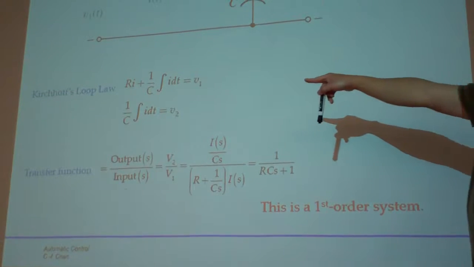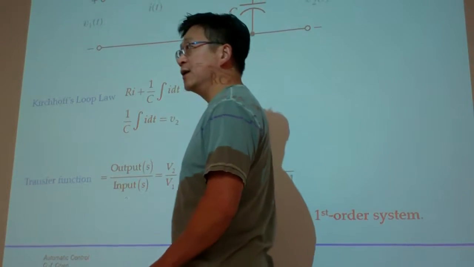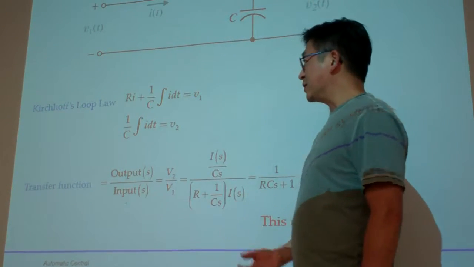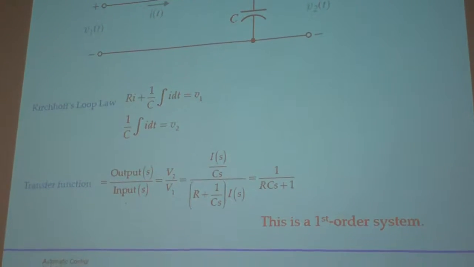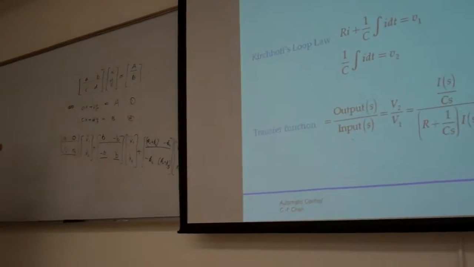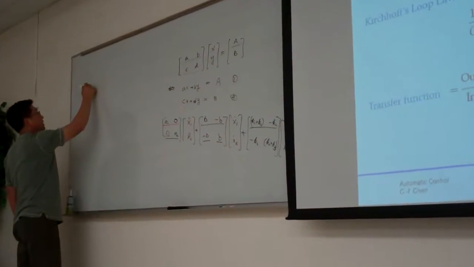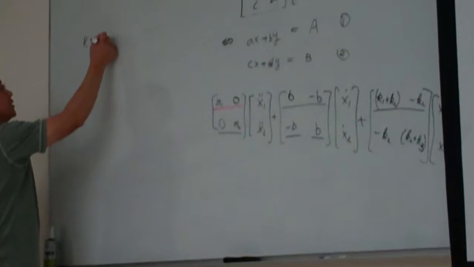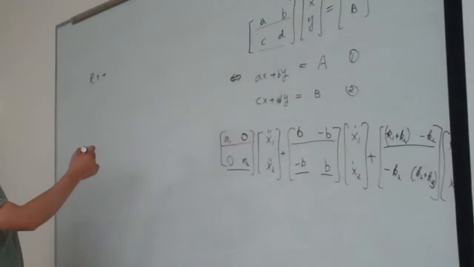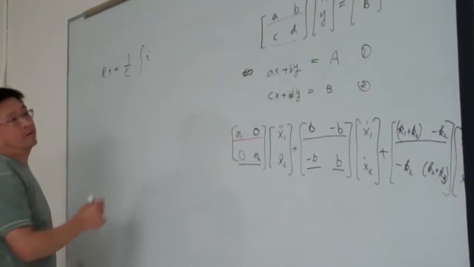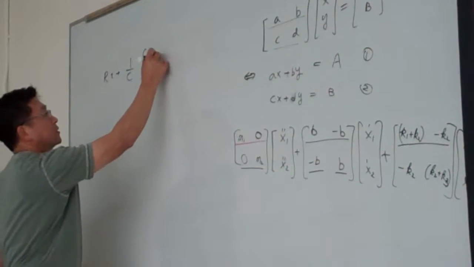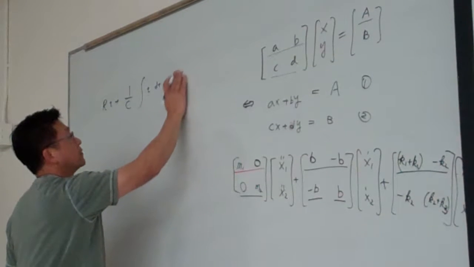Once we have the basic information, we can apply the laws to see what happens. For this equation, in the time domain, it is Ri plus 1 over C times the integration of the current, equal to V1.